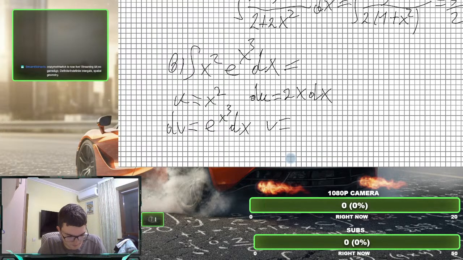In b, it is e to the power of x to the power of 3.